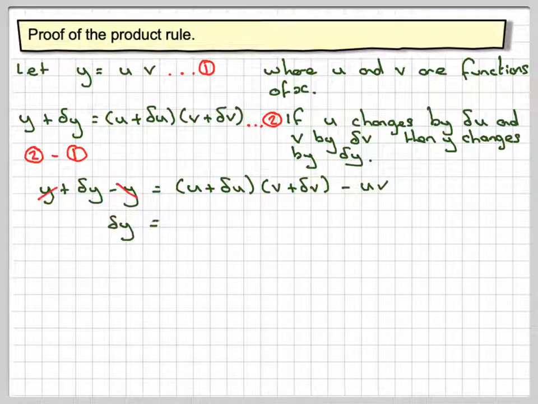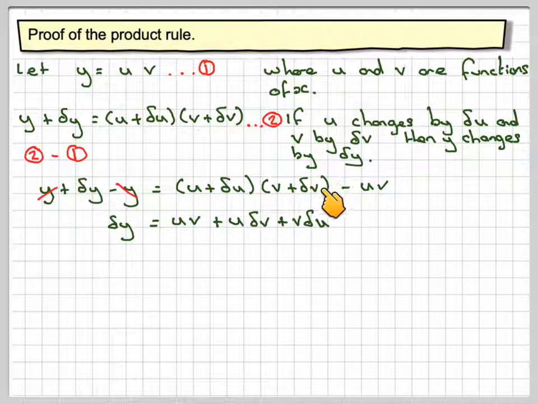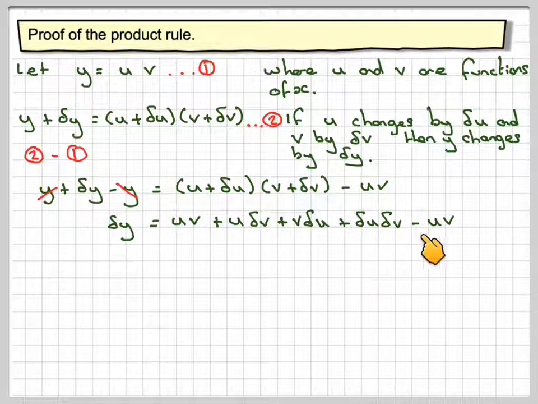Now the y's cancel out, so we get delta y, and then expanding this, we get uv plus u delta v plus v delta u plus delta u delta v, and then we subtract uv. Obviously uv minus uv cancel each other out.